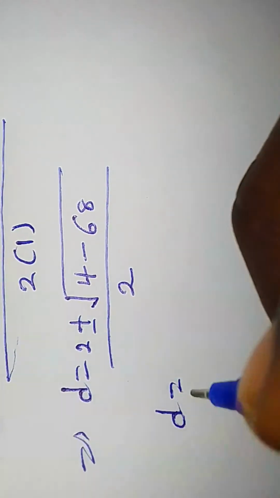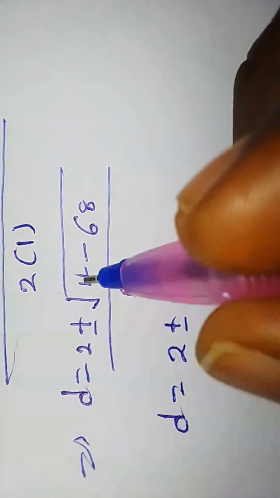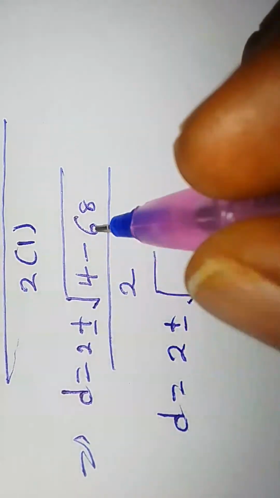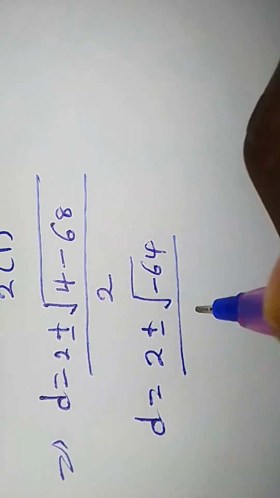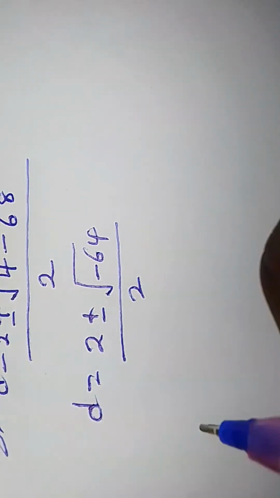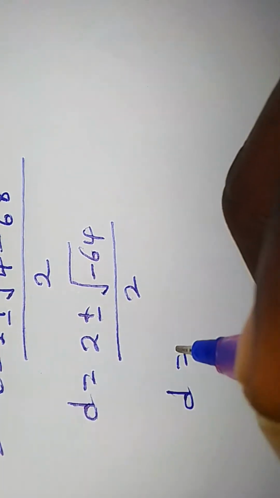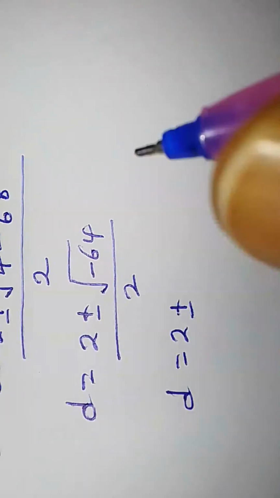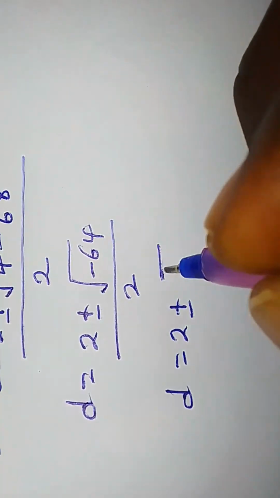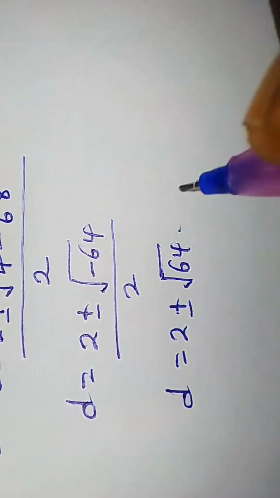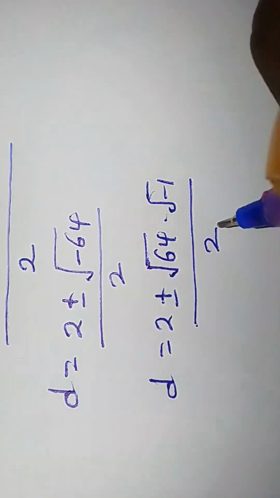So we have d equal to 2 plus or minus the square root of 4 - 68, that is negative 64, divided by 2. I can rewrite the square root of -64 as the square root of 64 times the square root of negative 1, divided by 2.